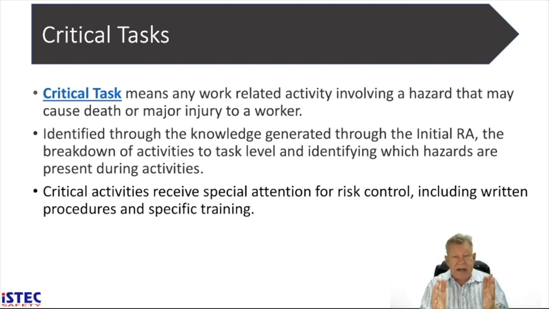That means that not only do I identify the top minority of my hazards that I'm dealing with, I also link those hazards with the tasks that involve these hazards. That will give me a list of critical tasks.